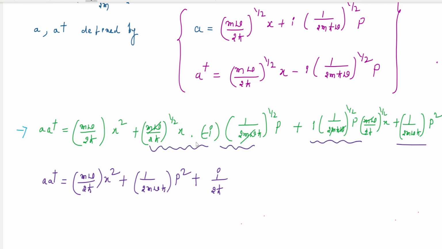This one is xp minus px. I didn't change any operator position; I multiplied in order, with no interchange of positions. If you interchange the position and momentum operators, you can get a sign difference.